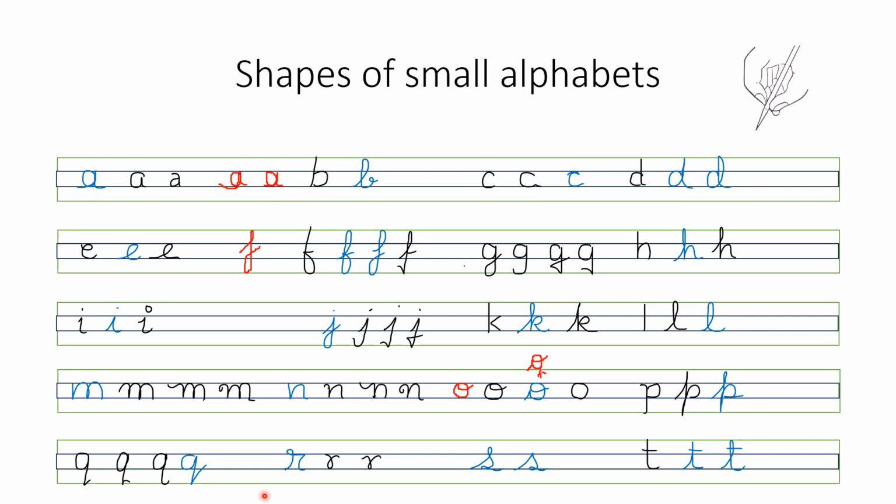R. Look, this R and this S, they have their heads above the line. S also has head above the line. Or you write S, you can write without head also like this, or R you can write in two shapes.